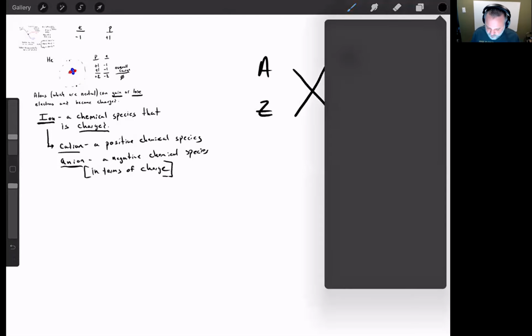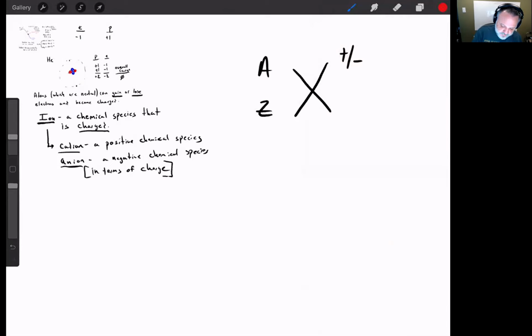So this is the way we want to represent particular atoms when we're really trying to dig down and specify their isotopic composition. And so what do we have here? Z equals the number of protons.